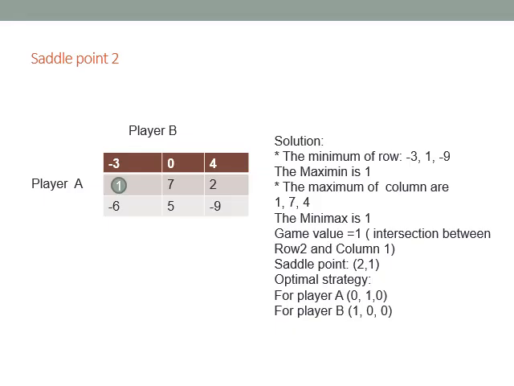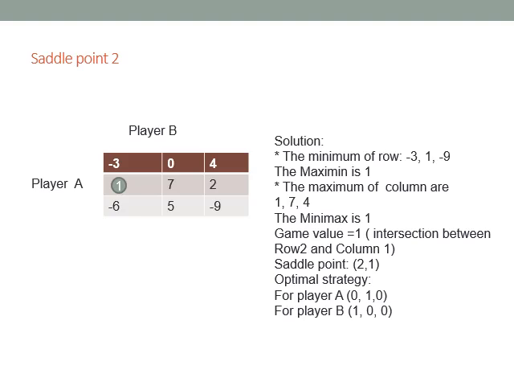So, the maximums of columns are 1, 7 and 4. The minimax, the minimum of all those maximums is 1. 1 is less than 7 and less than 4.